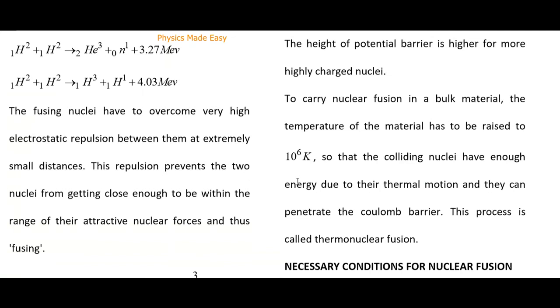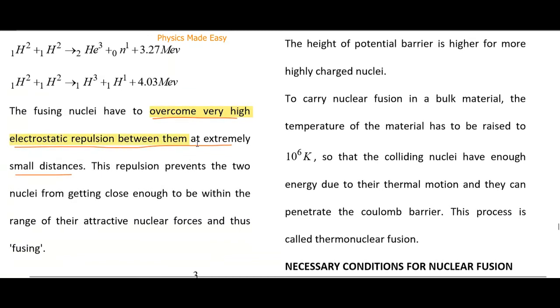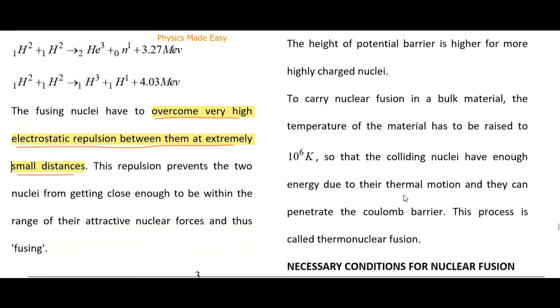The basic problem with nuclear fusion is that we have to overcome very high electrostatic repulsion between the nuclei at extremely small distance. When the distance is very small, electrostatic forces follow the inverse square law. F is equal to k q1 q2 by r square.